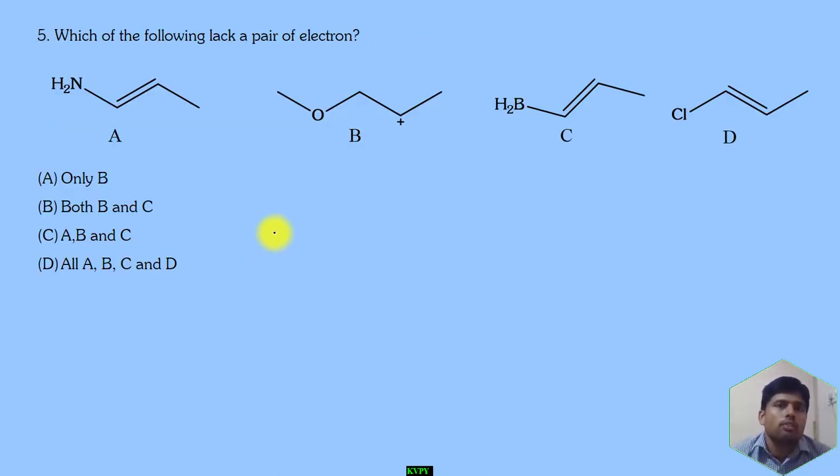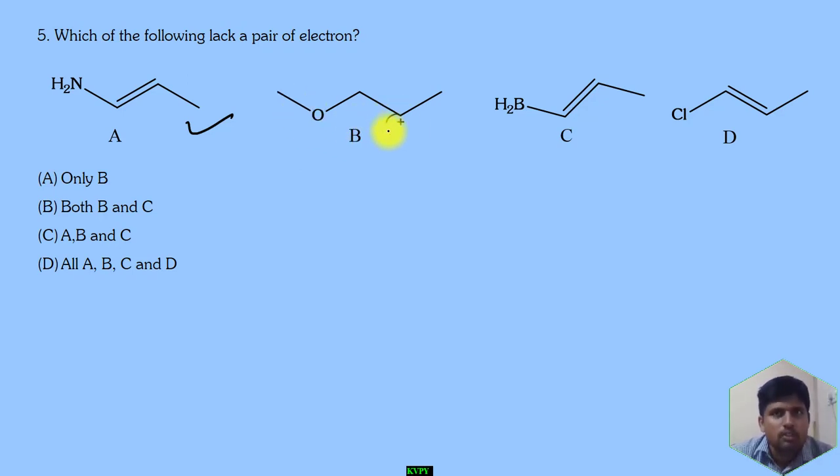Next, which of the following lack a pair of electrons? Yes, again, very important conceptual question. So how to identify a molecule lacks a pair of electrons or not is to find unsaturation. Not only unsaturation, lack of octet essentially. So here all atoms are having octet.